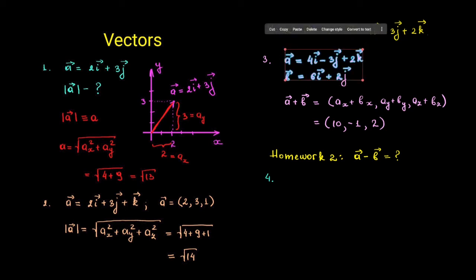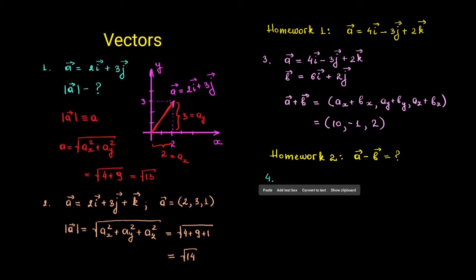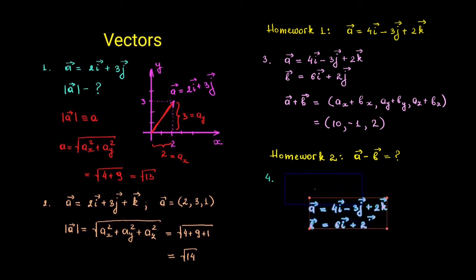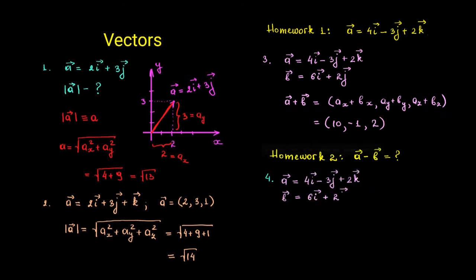So A and B vectors are given as following, and we need to find 2a plus 3b vector. Okay, so what do we need to do to find 2a plus 3b vector?